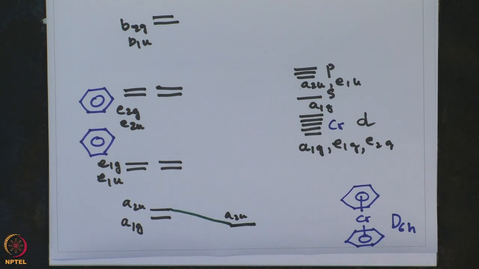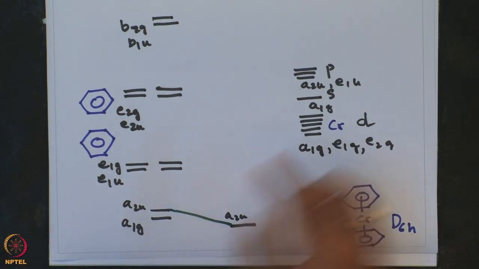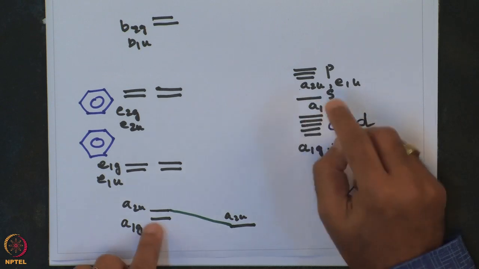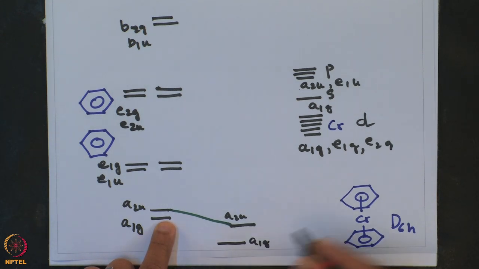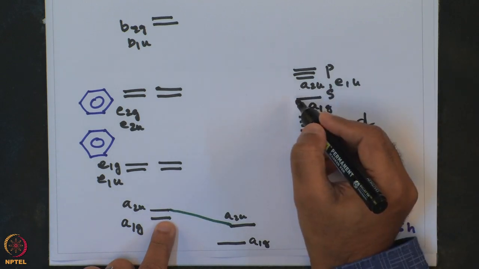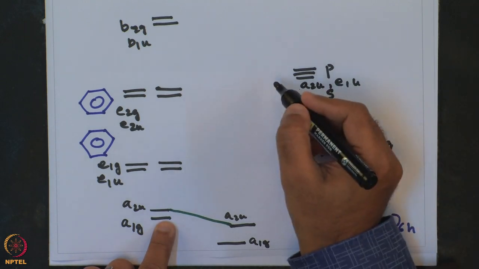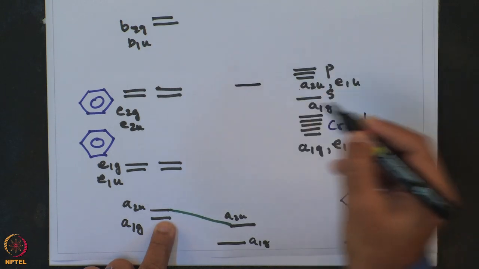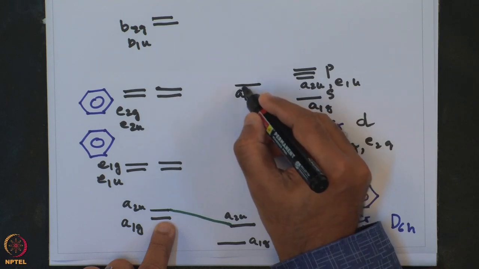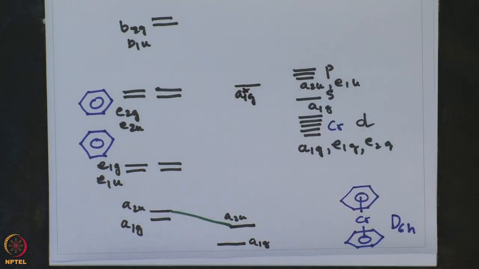Now, A1g interacts with A1g s of the metal, giving a bonding A1g orbital and an A1g star orbital.